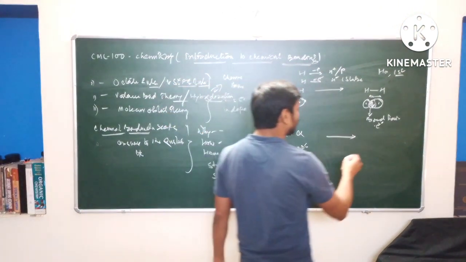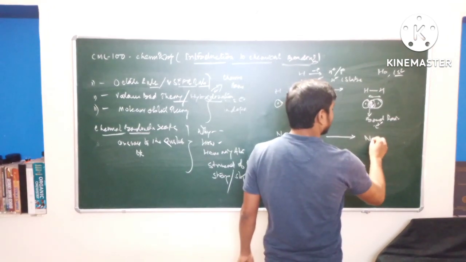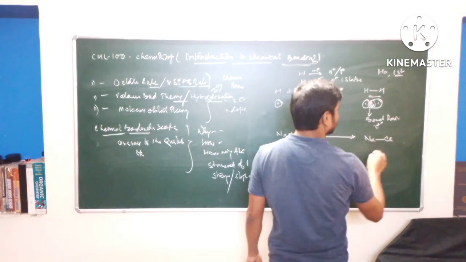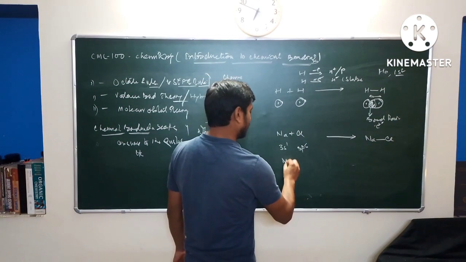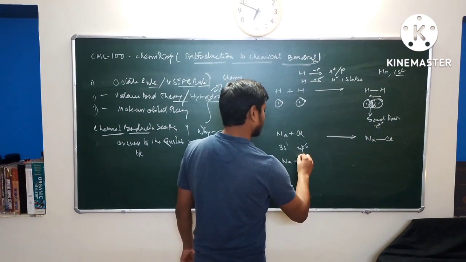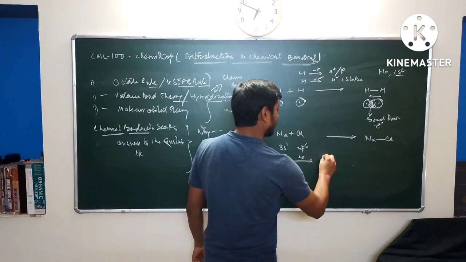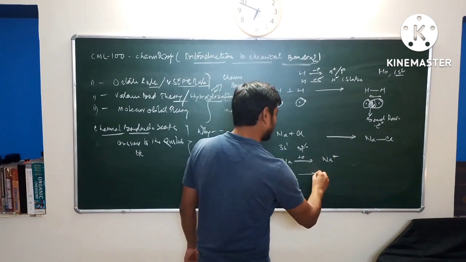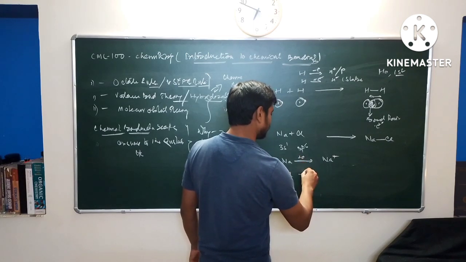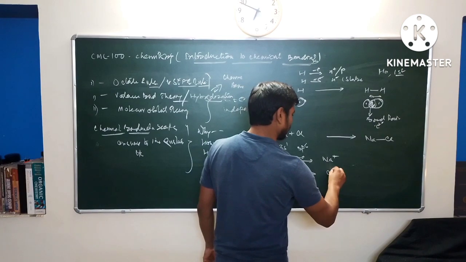So they will simply do this. The NaCl bond is formed just because Na first gives up an electron and becomes Na plus, and Cl receives an electron and becomes Cl minus.